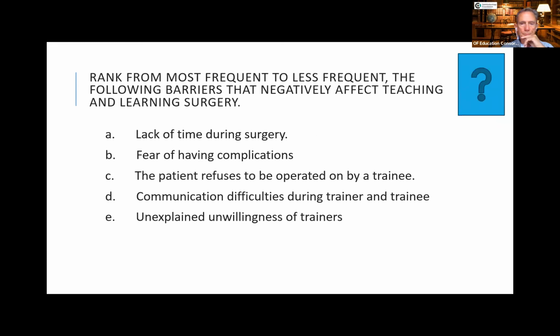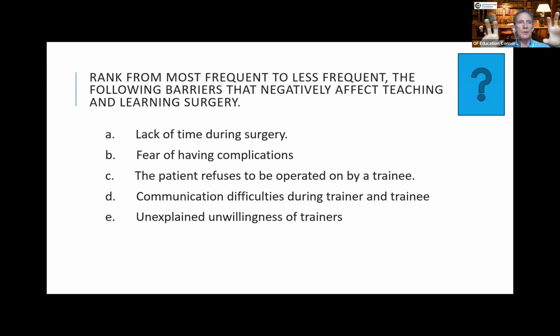Another survey. Now, what I would like you to tick on, and I'm launching now, this is not a multiple choice question. Here, I'm asking that you list from most frequent to less frequent the following barriers.